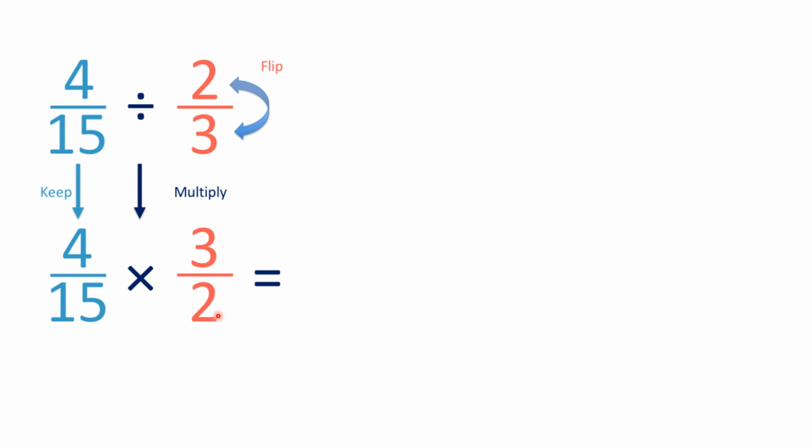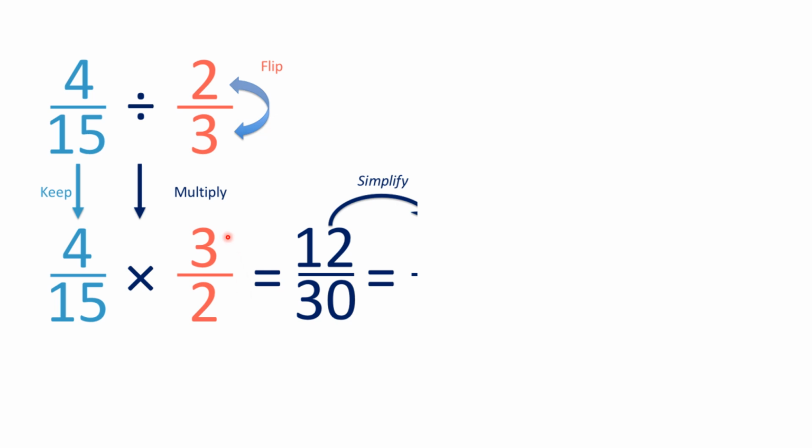Now, applying the steps of multiplication, we can multiply the numerator by the numerator and the denominator by the denominator, and we simplify if possible, or I can simplify from here if I want. So if I multiply directly, 4 times 3 it's 12, 15 times 2 it's 30. Don't forget to check if I can simplify.